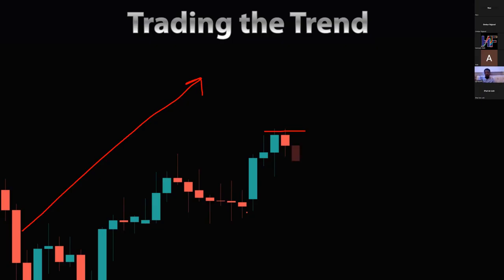Those are the two things. What's happening? Still waiting? Yeah, still waiting. I need a bullish confirmation before I take anything. Okay, that's a bullish candle.